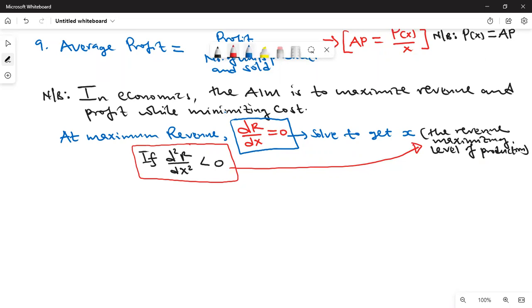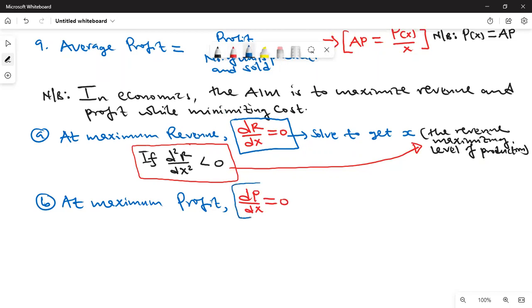Let's also see, how do we maximize profit? This was part A. Part B. At maximum profit, what we require is that the derivative of the profit function with respect to x must be equal to 0. This will be an equation that you need to solve to get x.